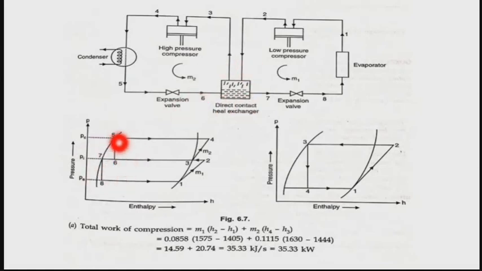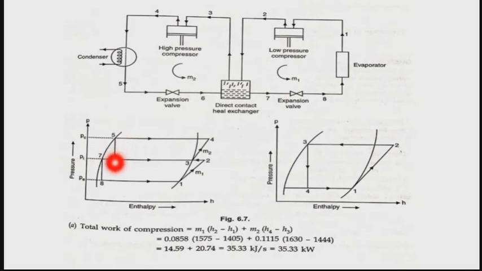From 5 to 6, it reaches the expansion device. In between there is an expansion device. After that it reaches 6 and passes through this heat exchanger, where it gets cooled and reaches 7.